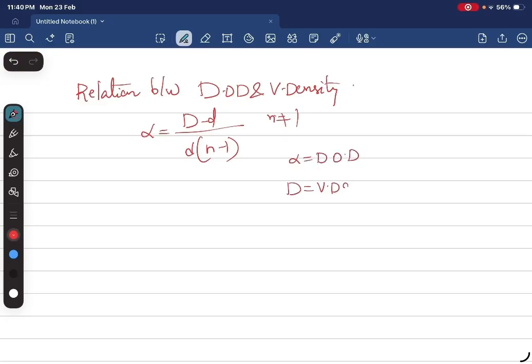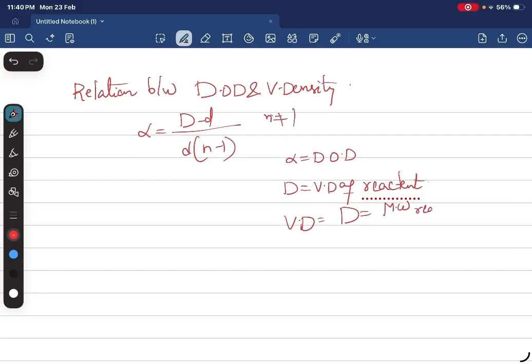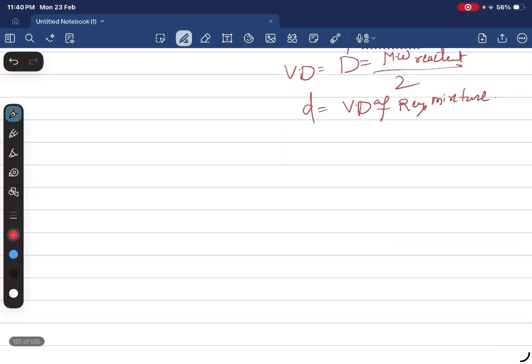D is the vapor density of the reactant, and vapor density, that is capital D, equals molecular weight of reactant by 2, and small d equals vapor density of the reaction mixture. This is the formula for the relation between DOD and vapor density. So vapor density, capital D, equals molecular weight of reactant by 2. And finally we can write Le Chatelier principle.